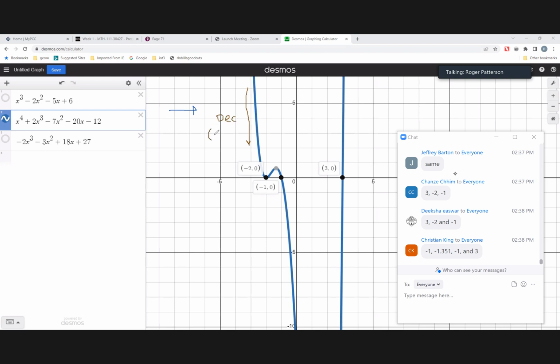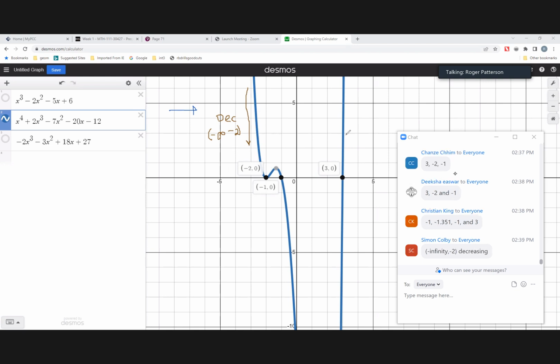I would write it as negative infinity to negative, now I need that point. So I need to know what that is. Well, that is negative 2. It just happens to be my x-intercept. So right there at negative 2, now it bounces back up. So now we have an increasing situation.